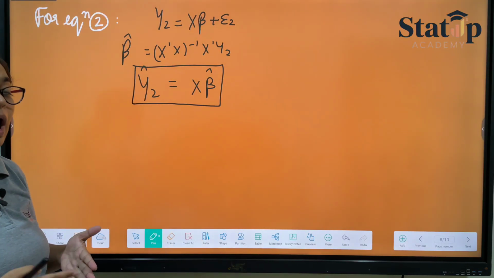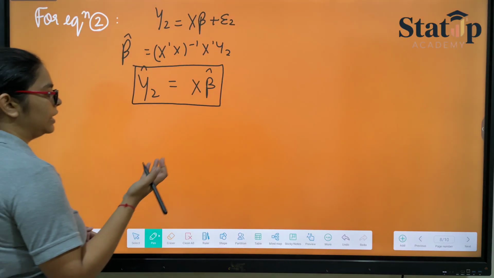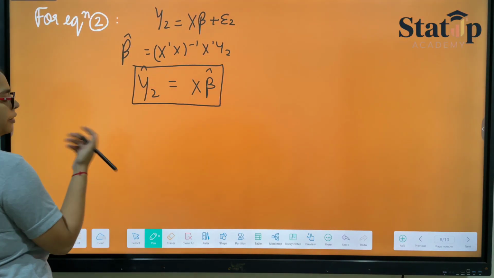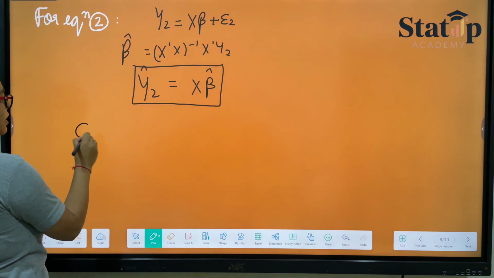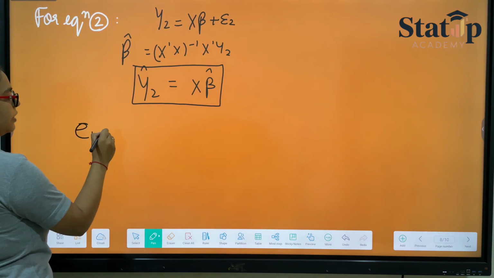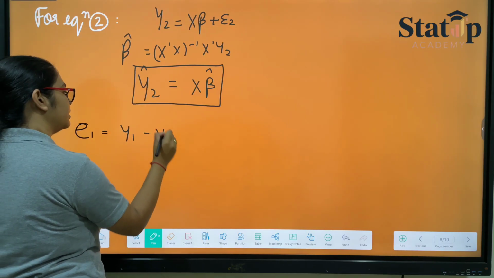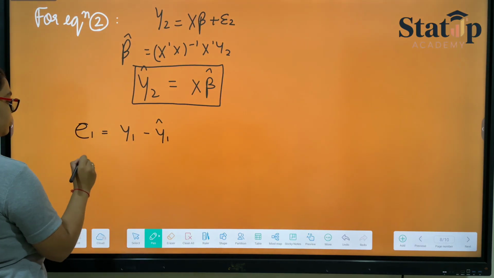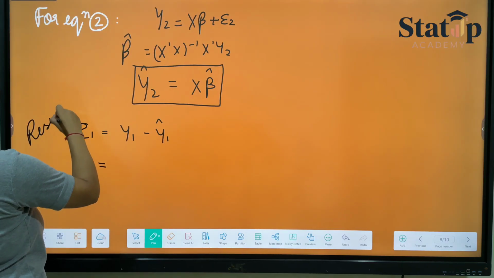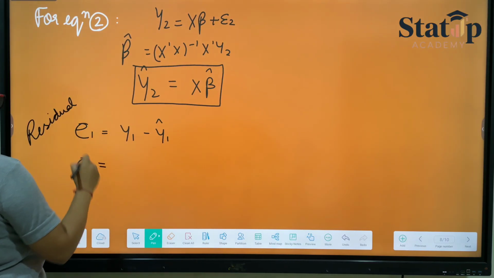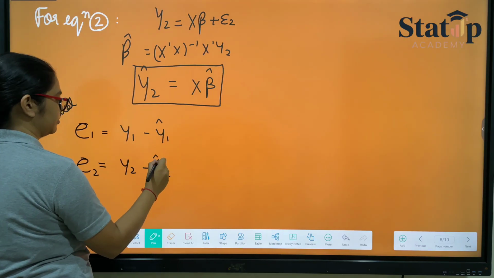Now when do we move to the 3rd stage? First of all, let us calculate the residuals of both these equations. E1 is equal to y1 minus y1 cap, and E2, which is the residual, is y2 minus y2 cap.